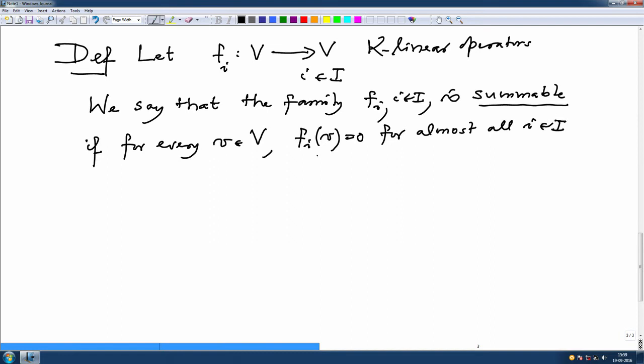Only finitely many could be non-zero, and in this case we put the summation of Fi, i in I, on v to be this sum.